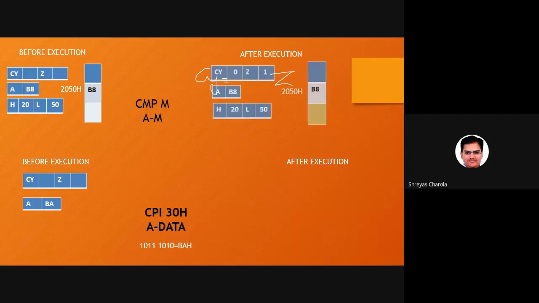What was said is correct. What about this CPI 30? Are you talking about the second one? What about the third one, CPI 30H, compare with immediate data 30H?